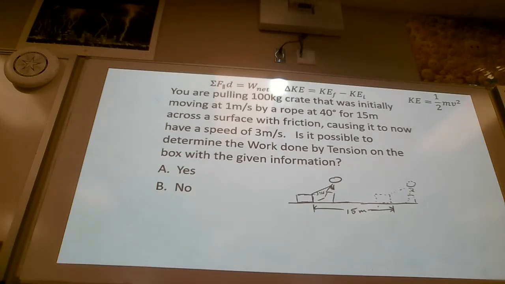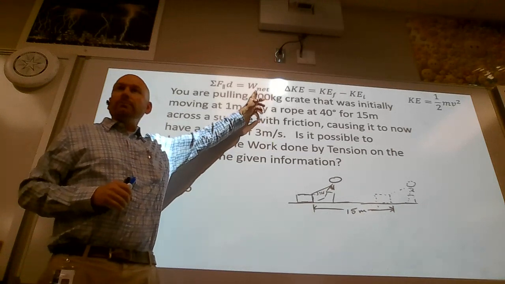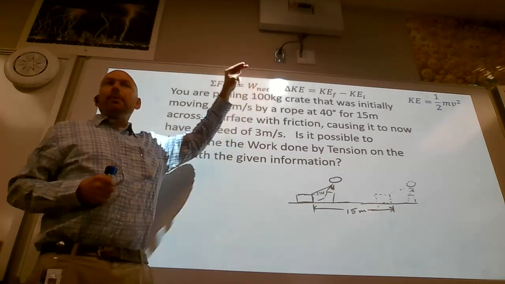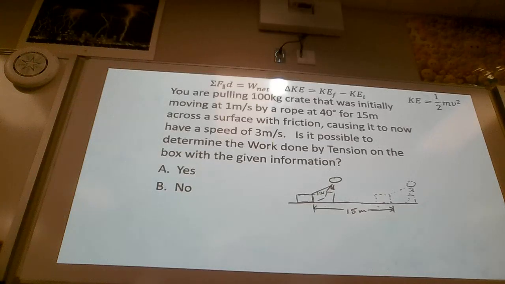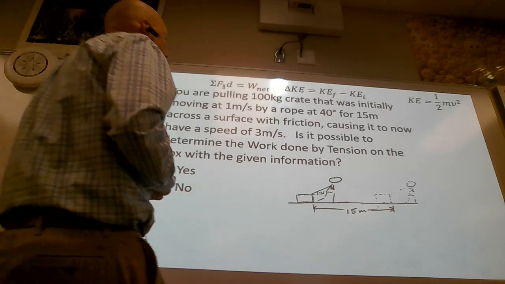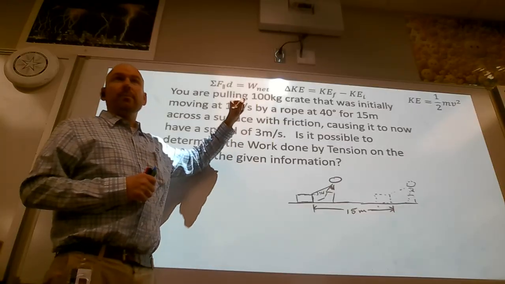Correct answer is, you can find the net work. But in this scenario, there's more than one force contributing to the total work. If tension was the only thing doing work, then yes, you could do it.